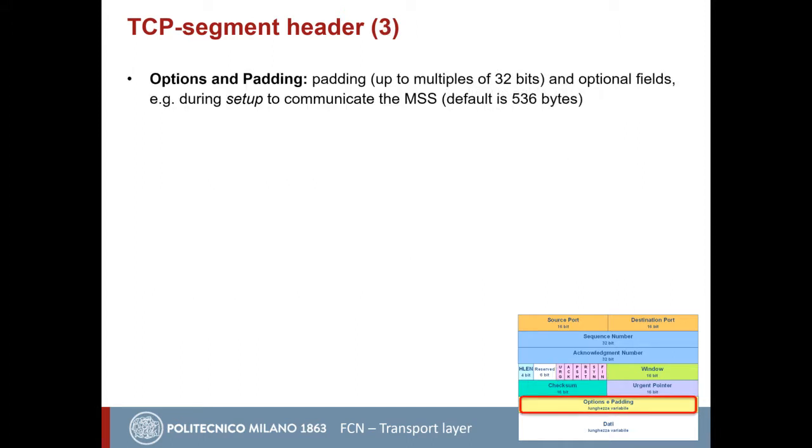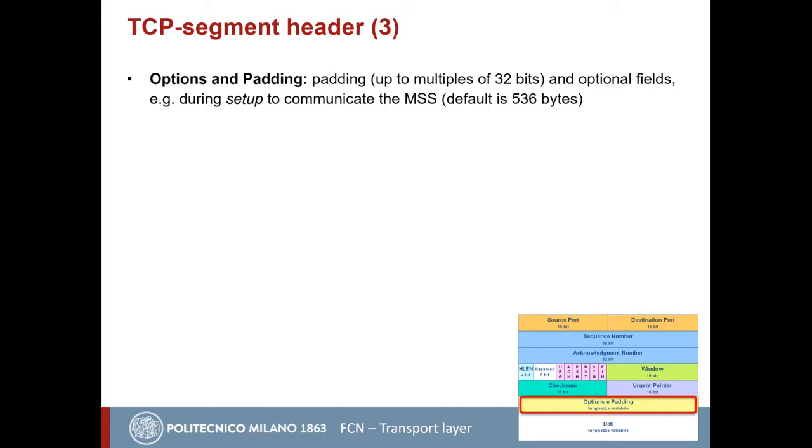Finally, there is the part that is the option fields. Options do not necessarily have the size of 32 bits each. There are some options that are shorter, but in any case you must have an integer multiple of 32 bits. So you always must have an integer number of rows.